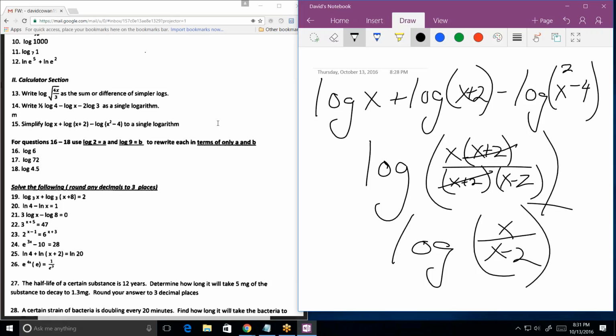So based on this, that domain restriction isn't there. But this is very important with logs because it's not obvious at all that you would do it this way. In other words, it's a little bit like a hole. You know what I mean when I say a hole? Yeah. Okay, it's not a vertical asymptote, but the domain restriction doesn't go away.